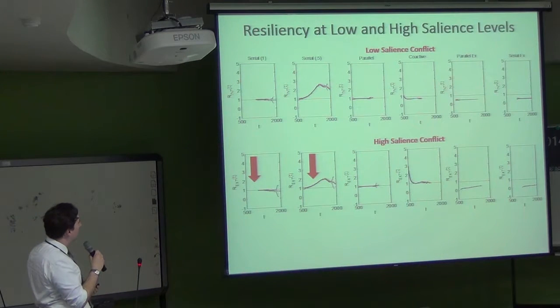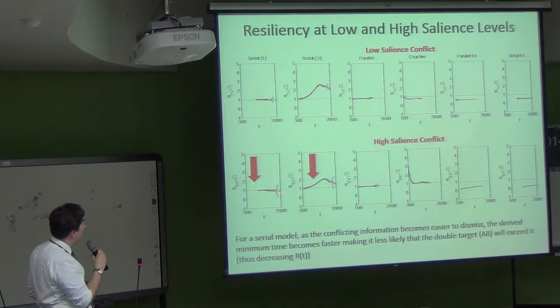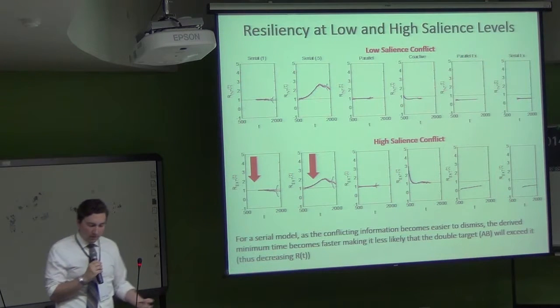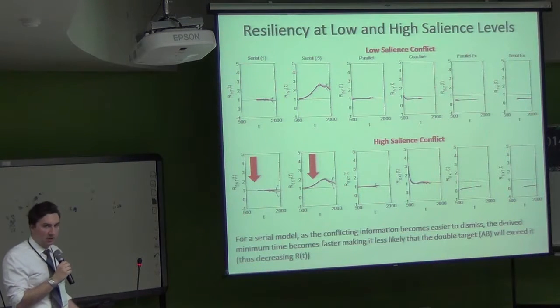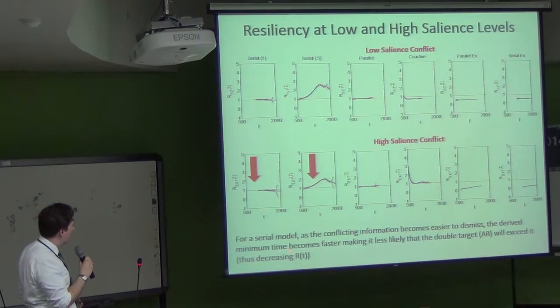The key thing to note is that as we increase the salience of the conflicting information, the resiliency function actually decreases in magnitude, so it shifts down. So as the conflicting information becomes easier to dismiss, the derived minimum time becomes faster, making it less likely that the double target will exceed it, and thereby decreasing the resiliency function.